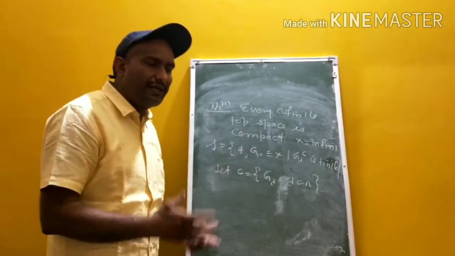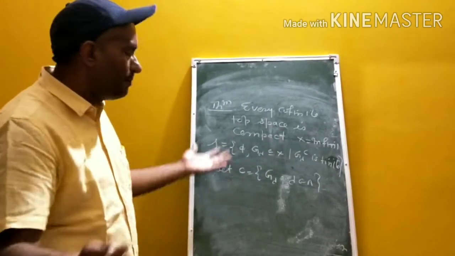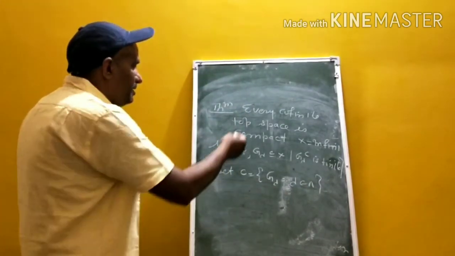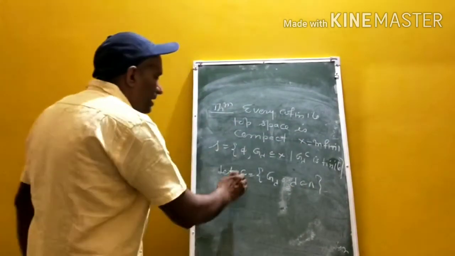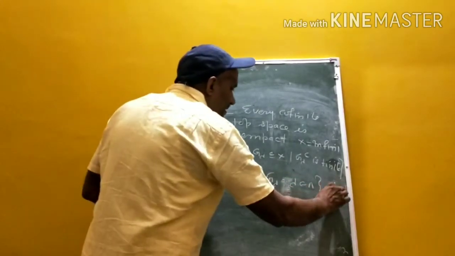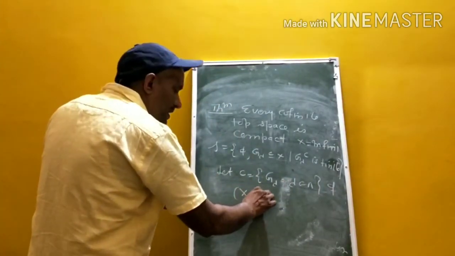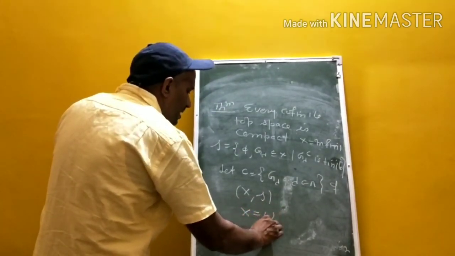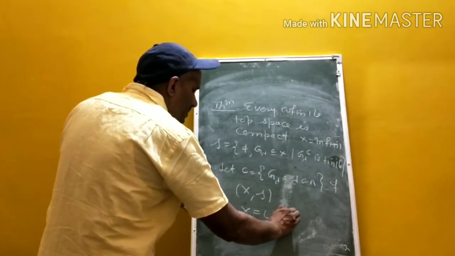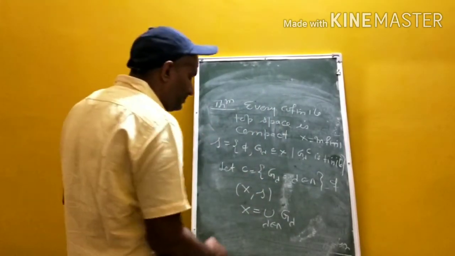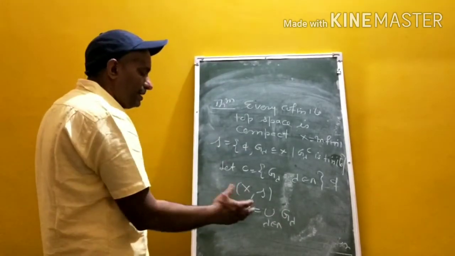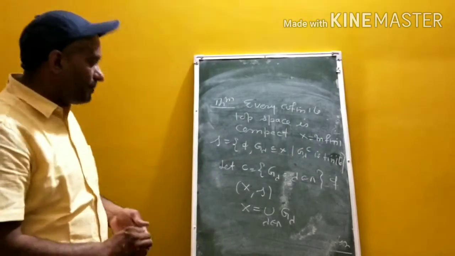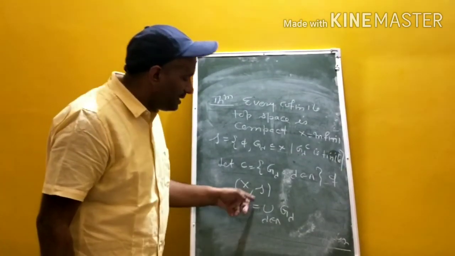From that cover we draw a finite subcover, and then we say it is compact. Let C, the family of G lambda for lambda in gamma, be a cover of X. Because it is a cover of the space, X can be written as the union over lambda in gamma of G lambda.